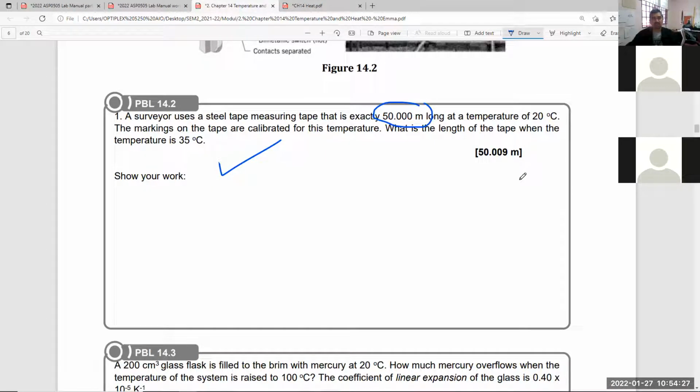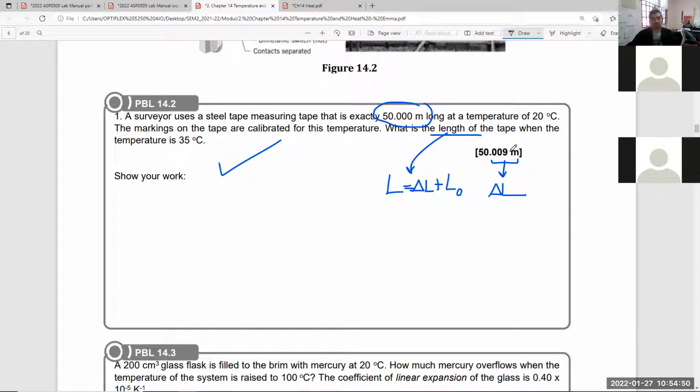So the expansion here is your delta L. It's asking you what is your final length. This is the final length, right? So L equals L naught plus delta L. You need to find delta L first, then you can add it to your L naught. The delta L is very small.